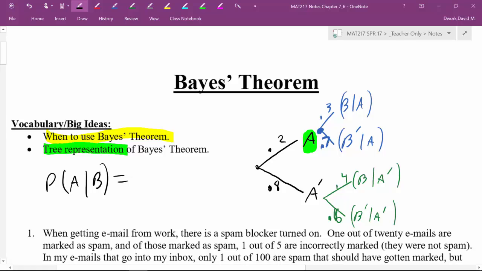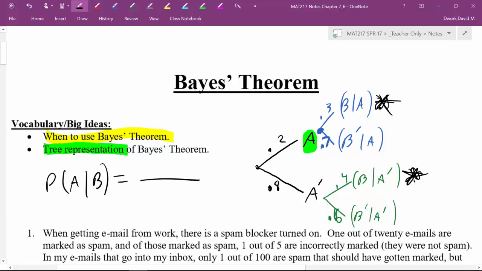So it is given that B has occurred, right? The way that I asked this question, we know B has happened. So therefore, every branch that has a B, we're going to keep. Anything that has a B prime, we don't care about because we know B happened. It's not B prime, it's B. So therefore, these two branches with these two leaves, we're going to keep. These are possible.